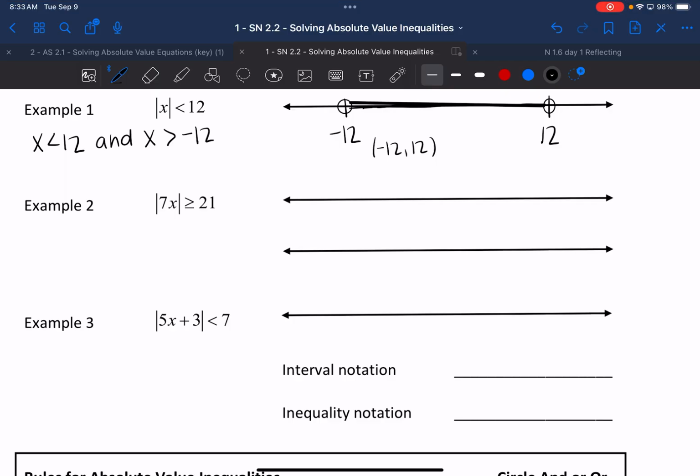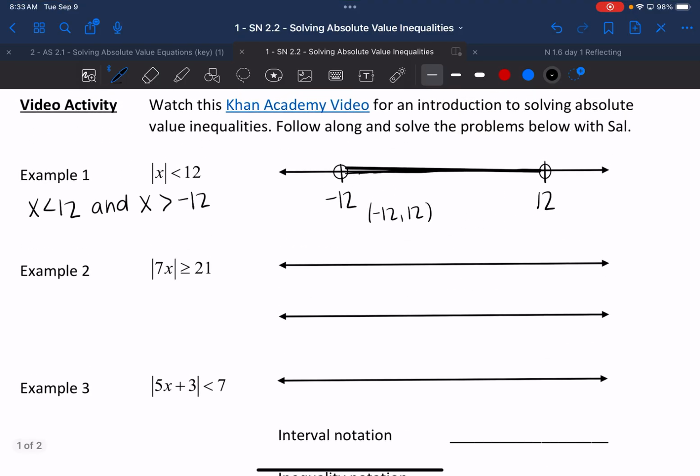Inequality notation is the same thing as set notation, just without the fancy brackets. So it's just the inequality part you would set up after you drew that line, okay? So the way that would look is that we said, again, it went from negative 12 to 12. So this would be interval, and this would be inequality notation right here.